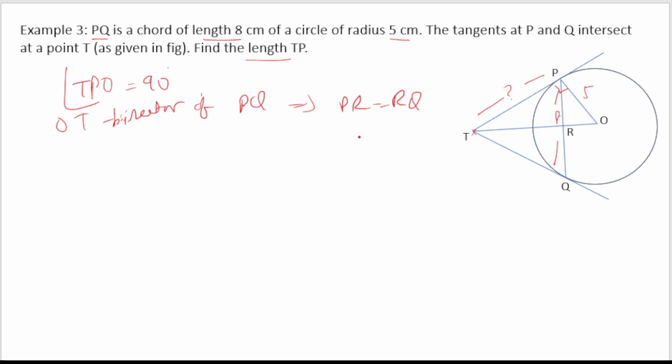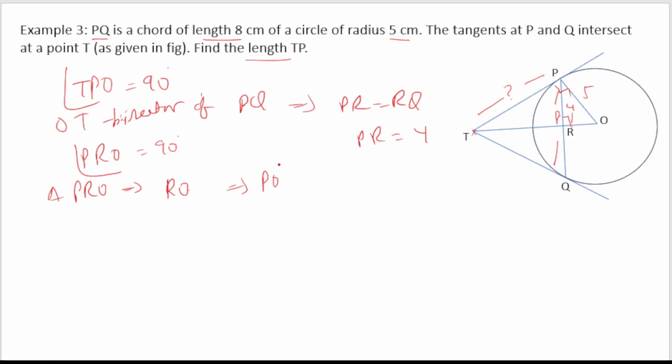So PR will be what? PR is equal to half of PQ. It is 4 centimeters. See, OT bisects PQ and it bisects at 90 degrees also. So angle PRO is also 90 degrees. If you see the triangle PRO, by using the Pythagoras theorem, you can find the RO side.